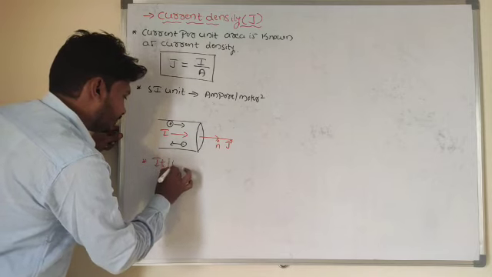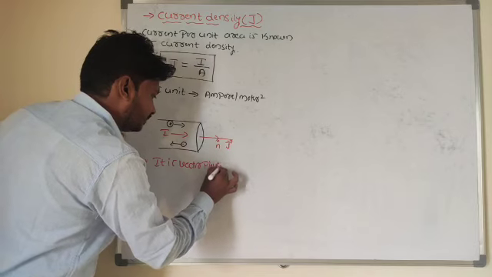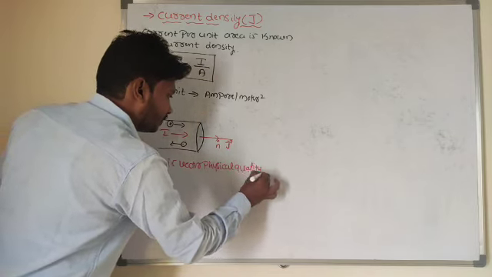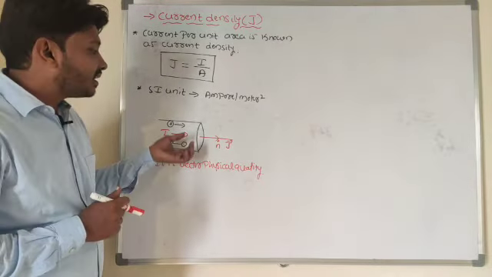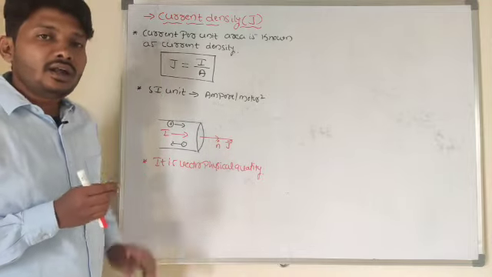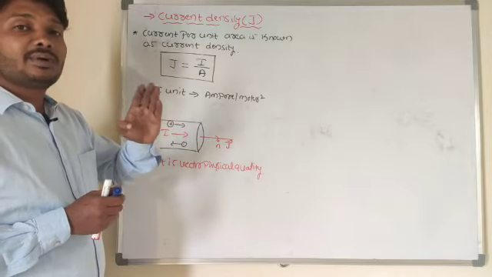So current density is a vector physical quantity. Why? Because current density describes how charges are flowing at a particular portion, and if the charges are flowing at a particular portion, it has a particular direction.